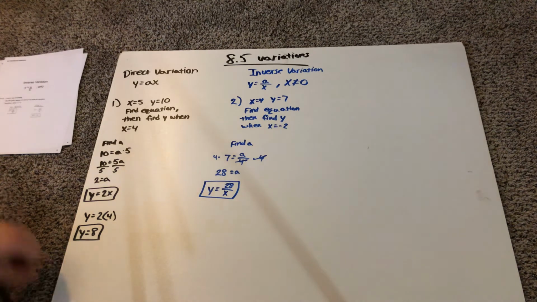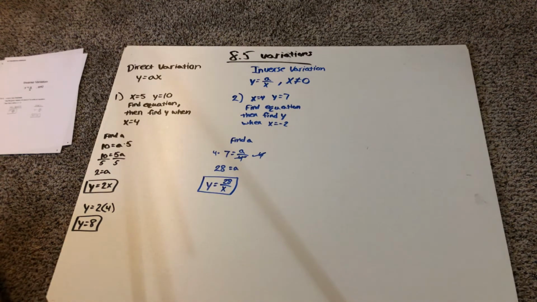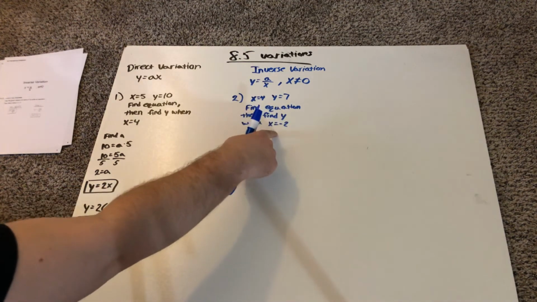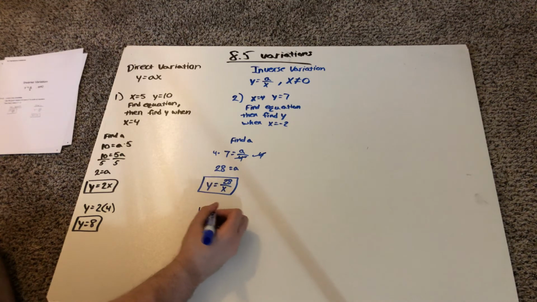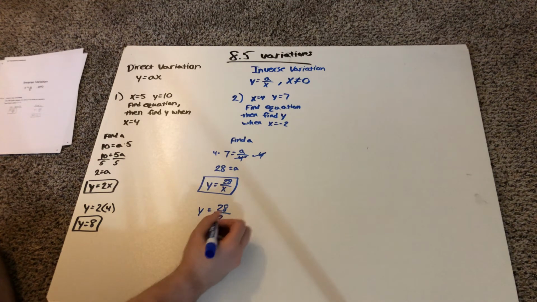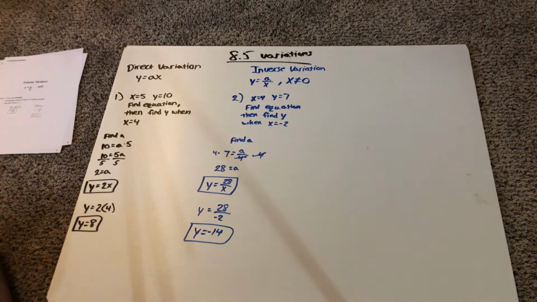This is my general equation for inverse variation for this problem. Now we also have to find y when x equals negative 2, so I'm just going to plug negative 2 into this equation. Y equals 28 over negative 2, and I get y is equal to negative 14.